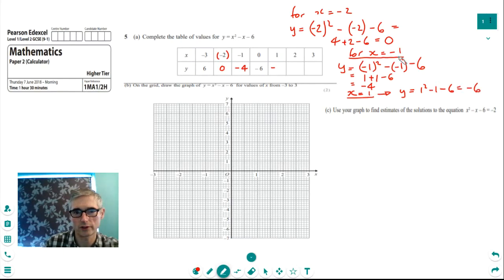So that's the value there. For x equals 2, that will give us y is equal to 2 squared, take away 2, minus 6. So that would be 4 minus 2 minus 6, which would give us minus 4.